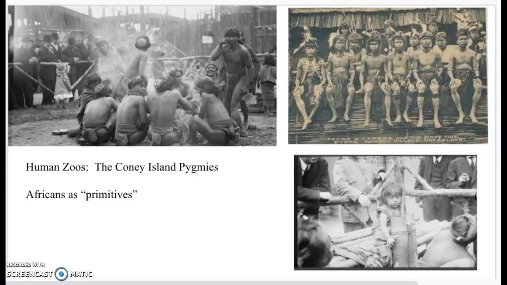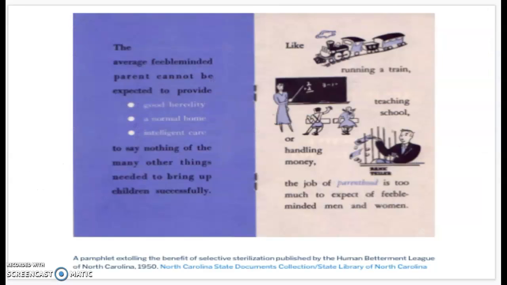It was literally this exotic display of blackness and primitiveness, as part of a show that you could go to at an amusement park. It's unbelievable and disgraceful, but again, culturally acceptable.